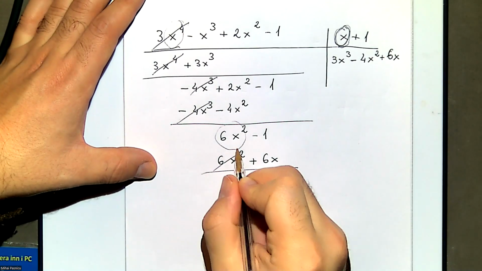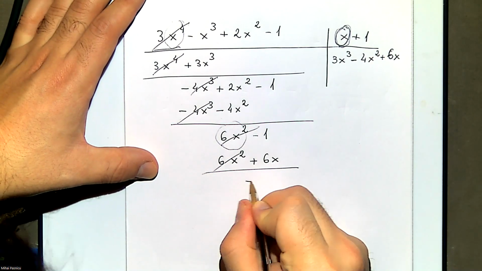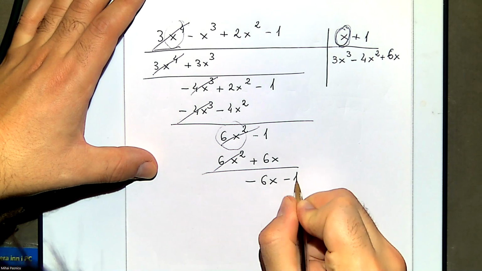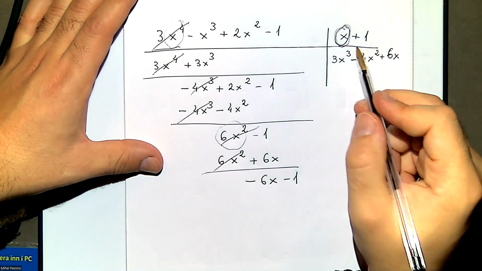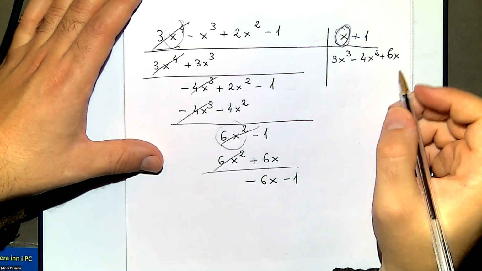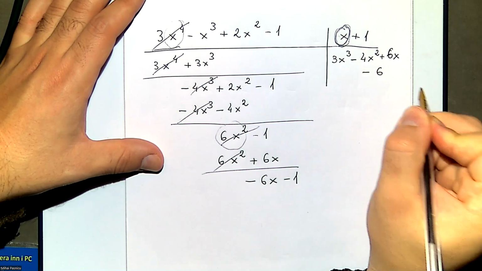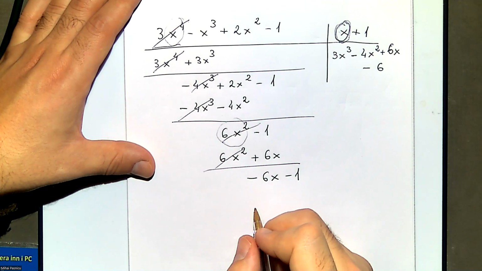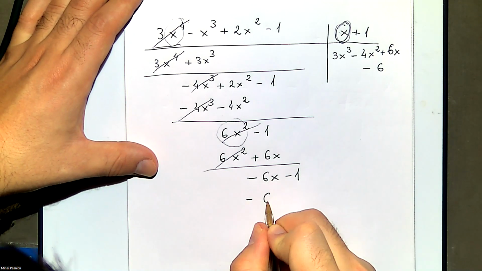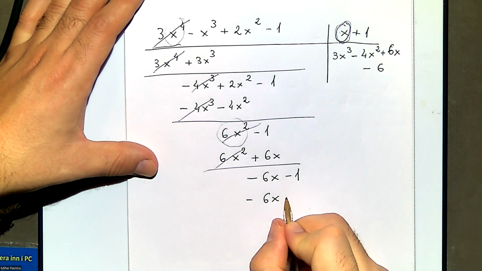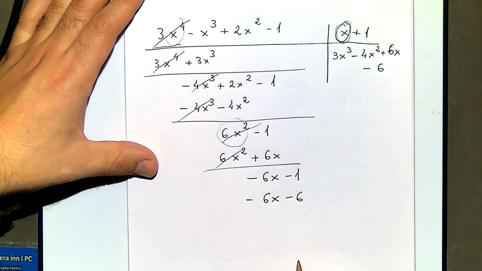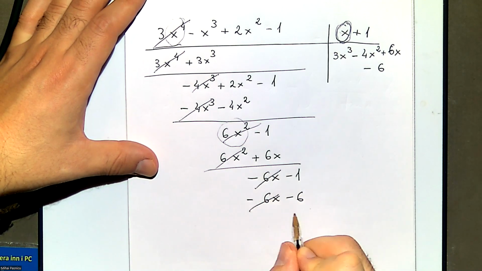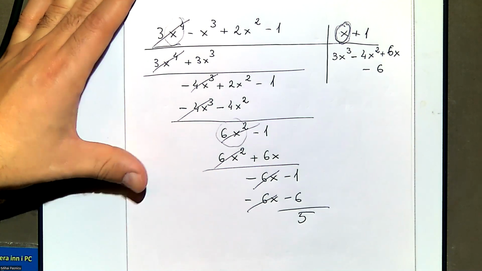What do I have? This goes away, this goes away. I'm stuck with minus 6x minus 1. And lastly, x in minus 6x, that goes minus 6 times. And I get minus 6x minus 6. This goes away, this goes away. I'm stuck with 5.